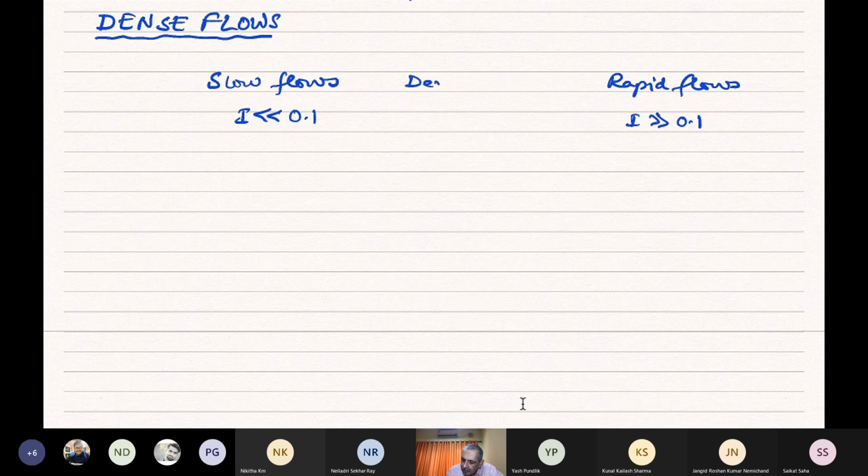And in between these two limits, we have what we call dense flows. Here mainly we had friction. In this we had mainly collisions. And here we can think of this as both.